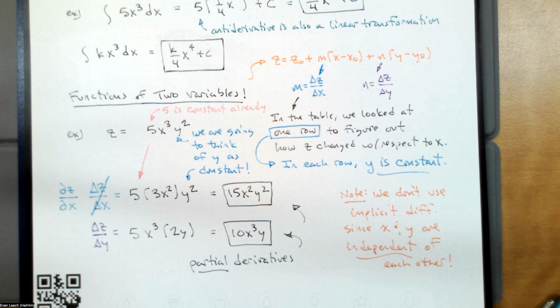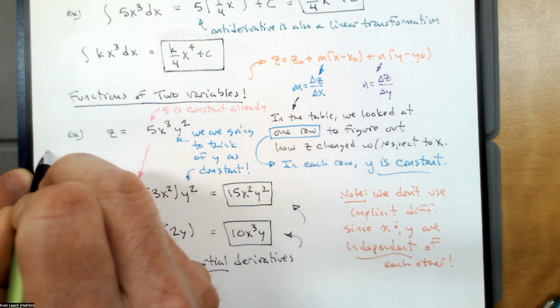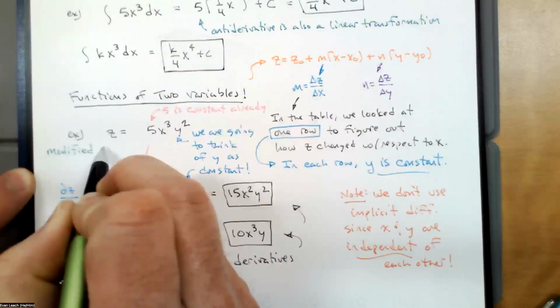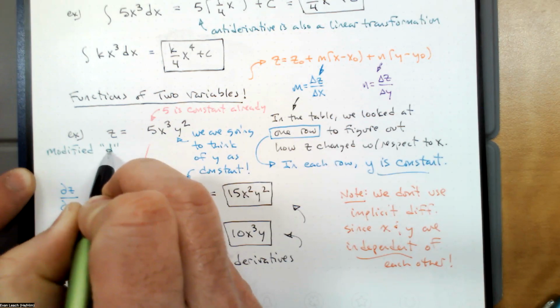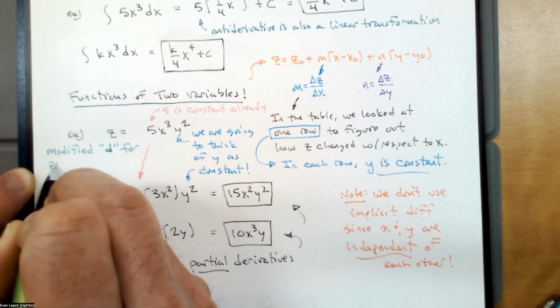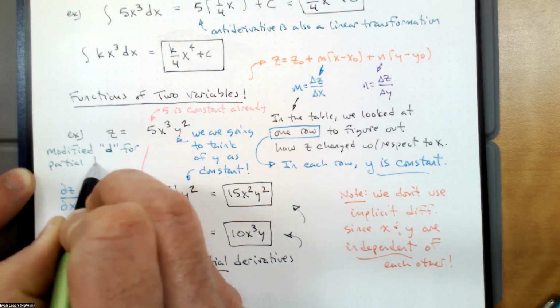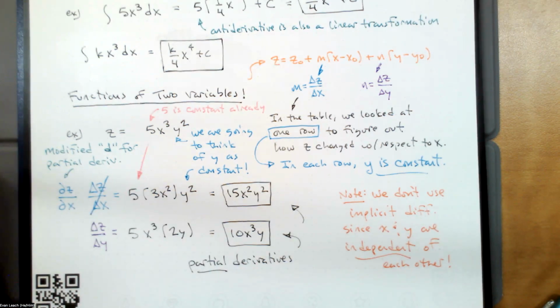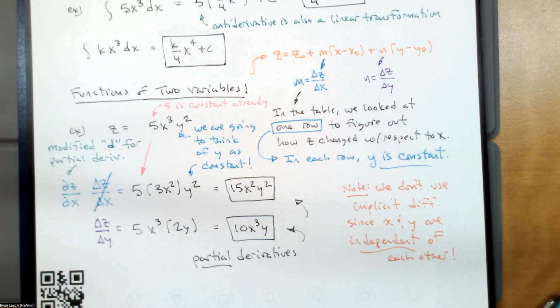We use a fancy modified d for partial derivatives. But we still say d, dz dx.